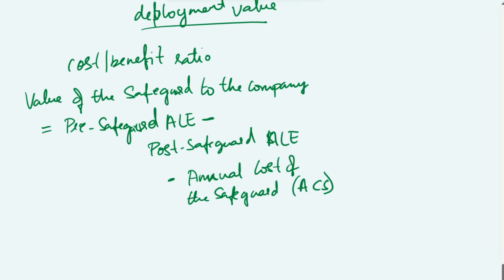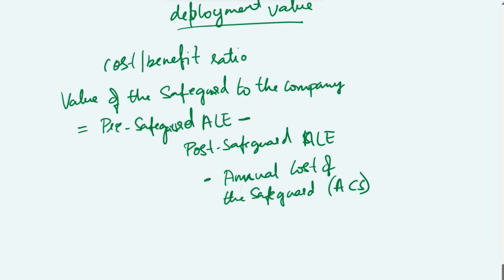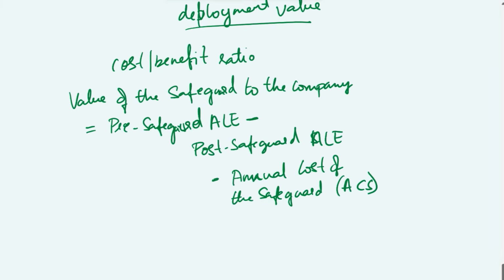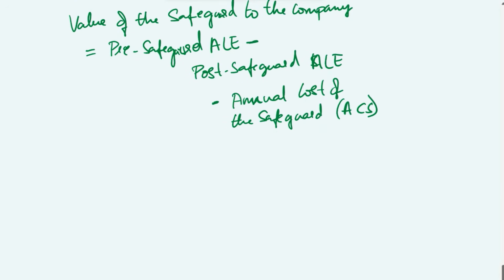If this result is negative, then the safeguard is considered not financially responsible. However, if the result is positive, it represents the potential annual savings the organization may achieve by deploying the safeguard, since the frequency of occurrence is not a guarantee of actual occurrences.